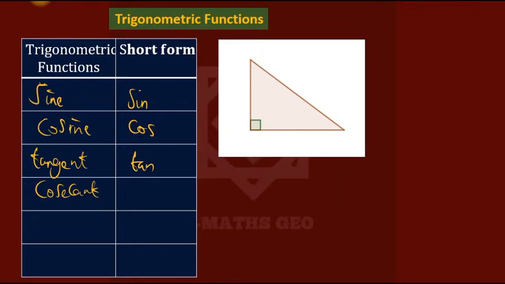The short form is cosec, or some write it csc. So we have secant. The short form is sec. And finally, cotangent. The short form is cot.